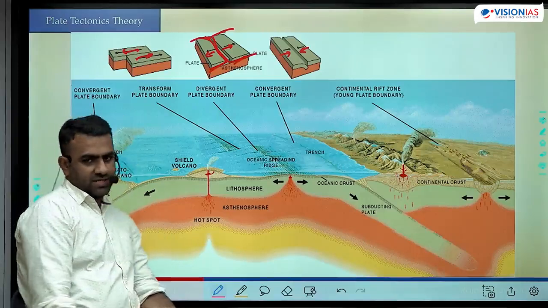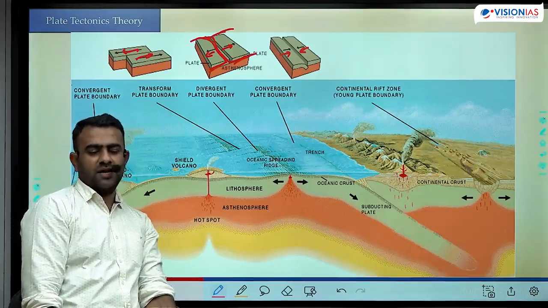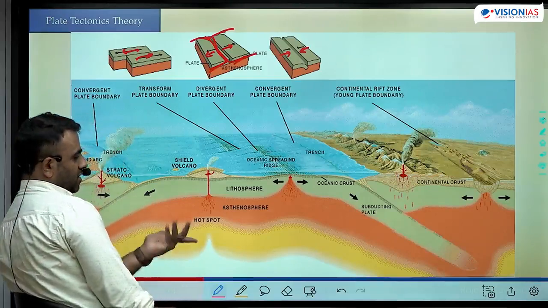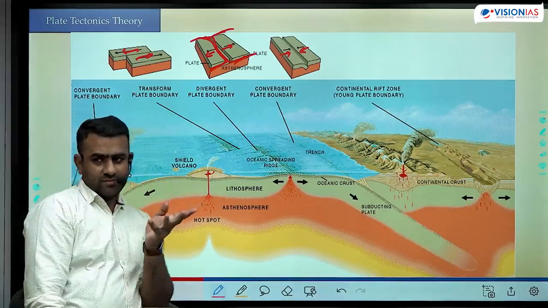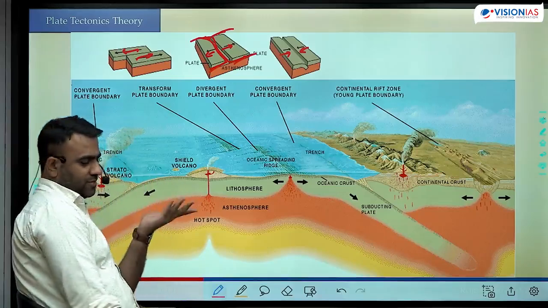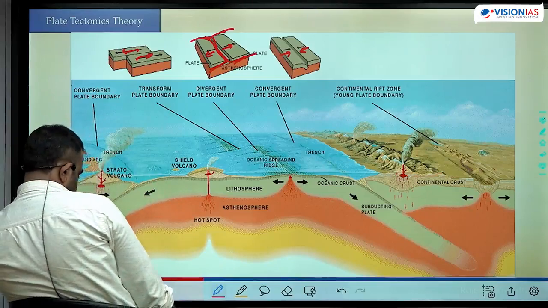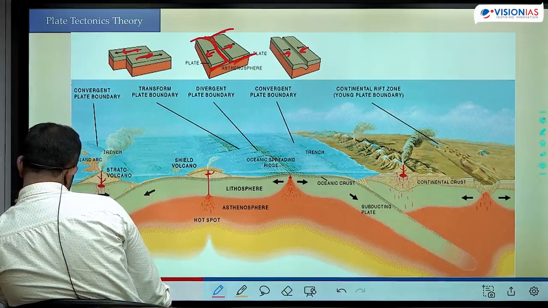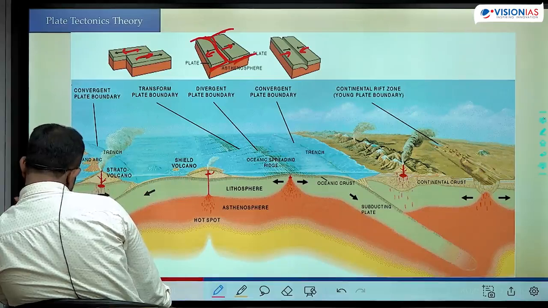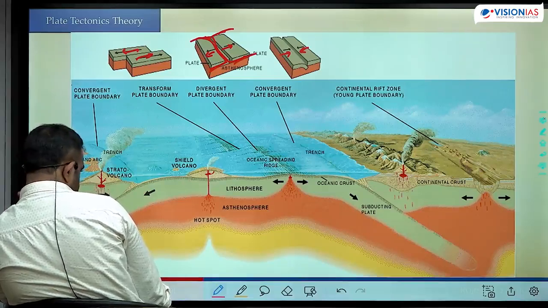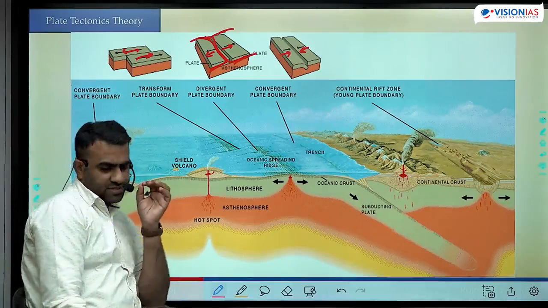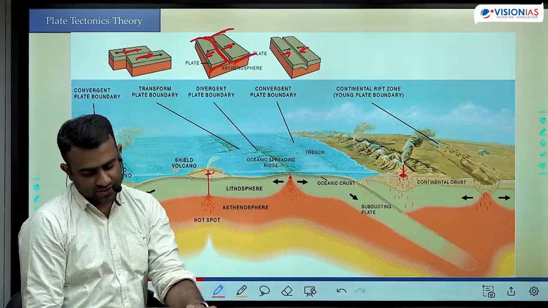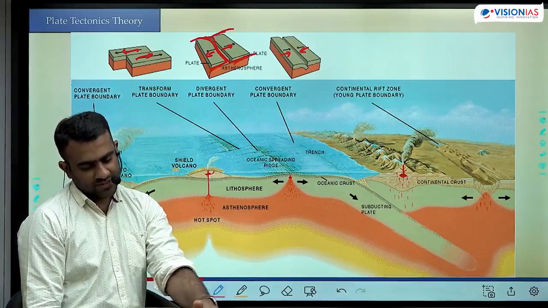Remember the word plate margin. I'm not saying plate. It is not necessary that the entire plate has to be an oceanic plate. Completely oceanic plate is only one, that is our Pacific plate. The rest will have oceanic as well as land, continental as well. There is no exclusive continental plate. When two such margins of plates are moving away from each other, that kind of boundary is called an ocean divergent plate boundary.